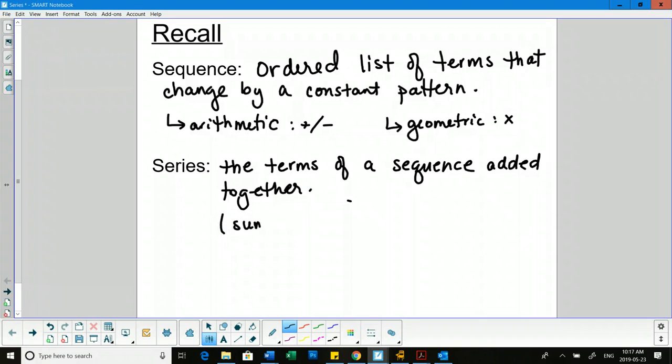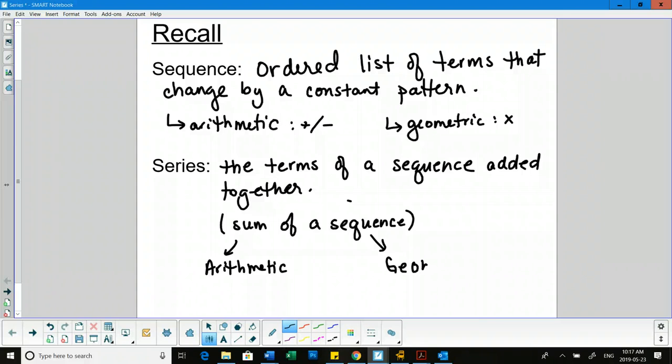So we usually refer to this as a series is the sum of a sequence. Okay, and because the series is a sum of a sequence, we can have arithmetic series and also geometric series, because it's just either the sum of an arithmetic sequence or the sum of a geometric sequence. So I can also have arithmetic with this, and I can have geometric.